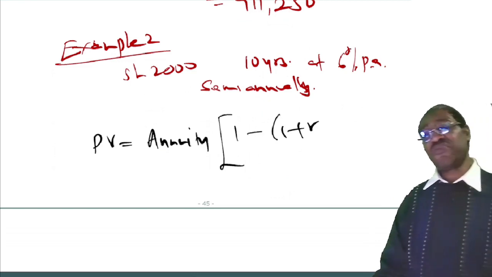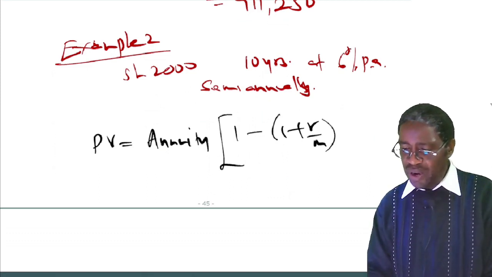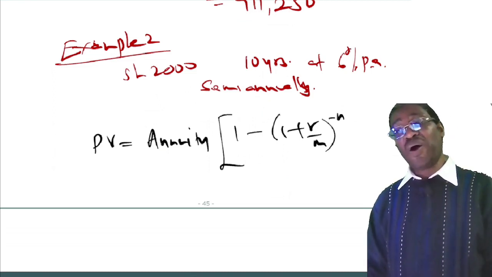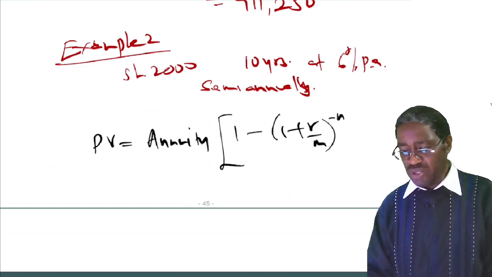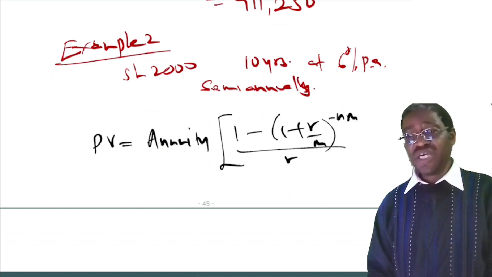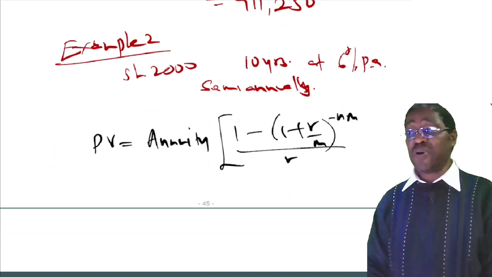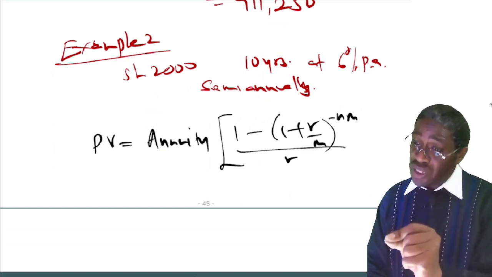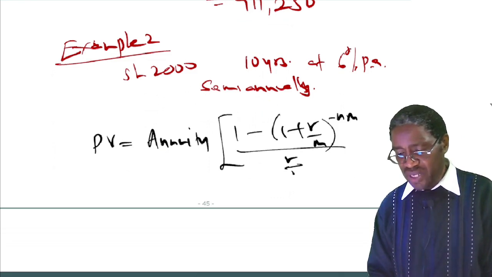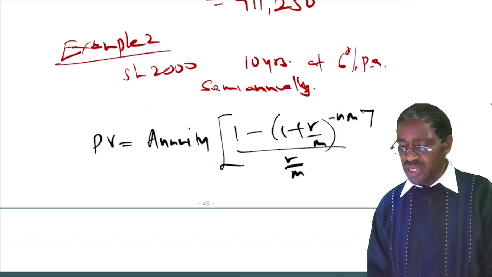We are compounding semi-annually, so I divide that by M, to the power of negative N. But we are compounding semi-annually, so I multiply N by M. Then everything I divide by R. But don't forget R now is the rate per annum. I want the rate per 6 months because we are compounding semi-annually, so I divide this by M. That will be our formula.